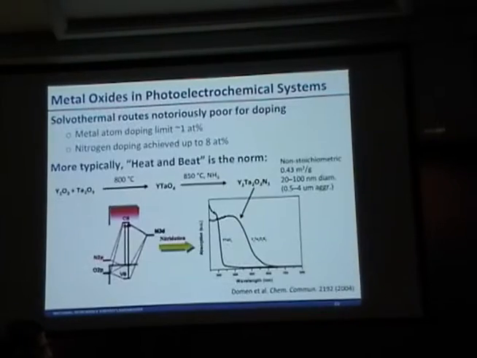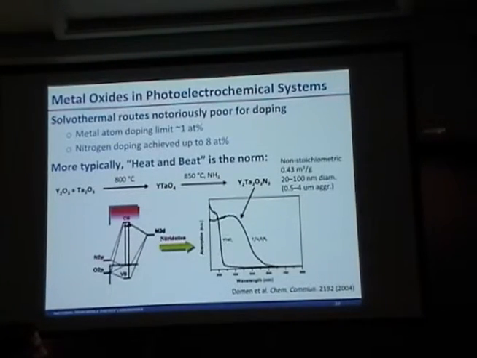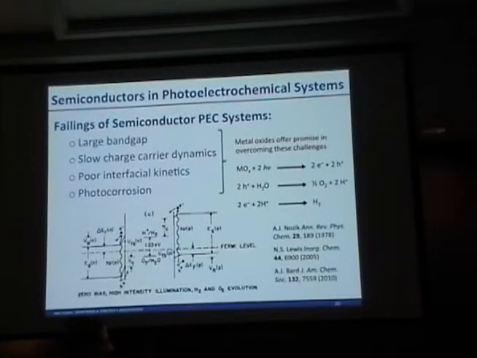So this next slide might address that a little bit. When you're dealing with PEC water splitting, and I didn't want to go into this in detail, but the position of your valence band is critical. It has to be below that of the water oxidation potential, and then there has to be this difference in what are called the overpotential for your catalyst to actually do that work.